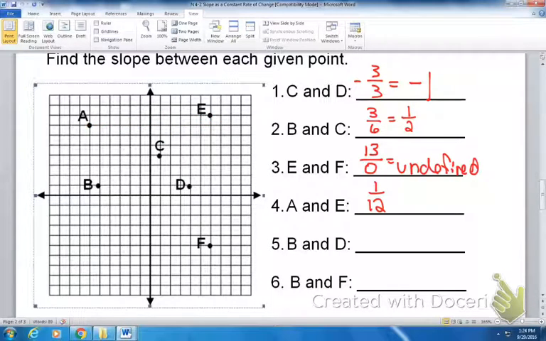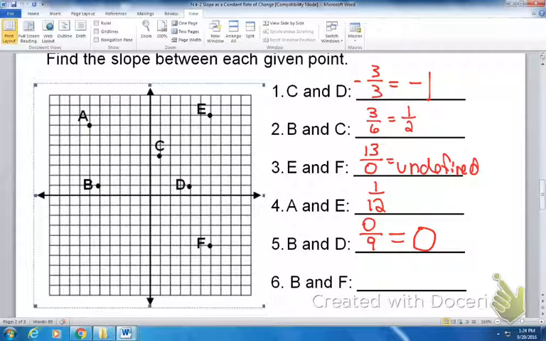B to D. Now this one also appears to be just a horizontal line, so the slope's going to be 0, but let's see why. Let's see the run. 1, 2, 3, 4, 5, 6, 7, 8, 9. So I'm going to have 9 on my run. And the rise is nothing. It's 0. Now we can't divide by 0, but 0 can be divided by things. And if you divide 0 by anything, you always get 0.